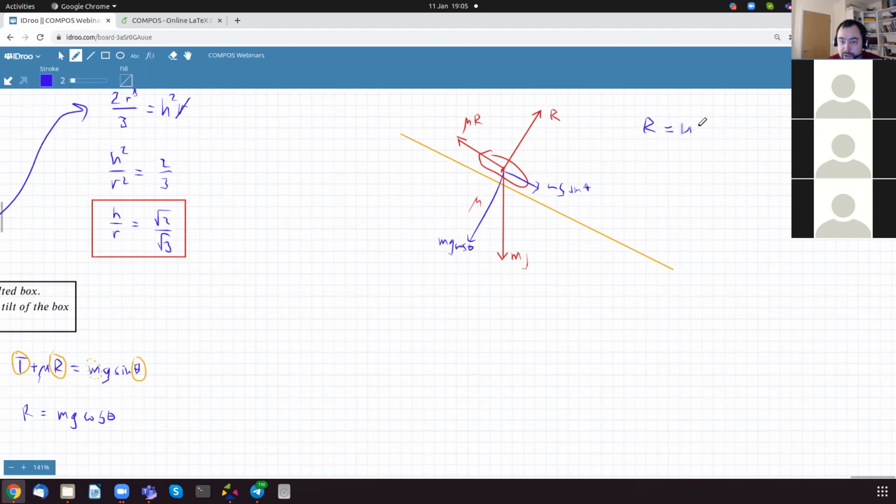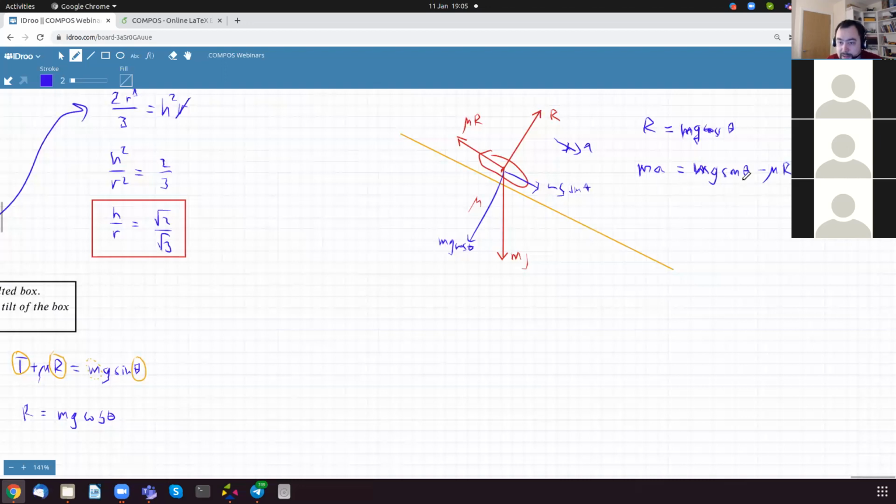R is equal to mg cos theta, and the acceleration, so mass times acceleration, Newton's second law, is equal to mg sine theta. So the person is accelerating down the slope. ma is equal to mg sine theta minus mu R.